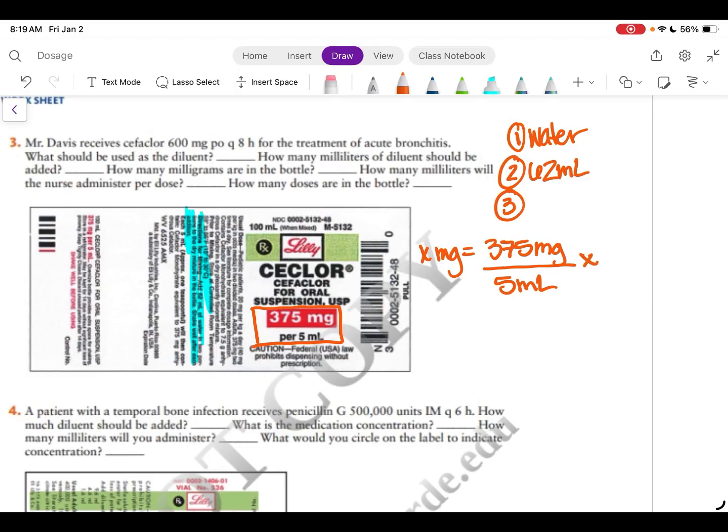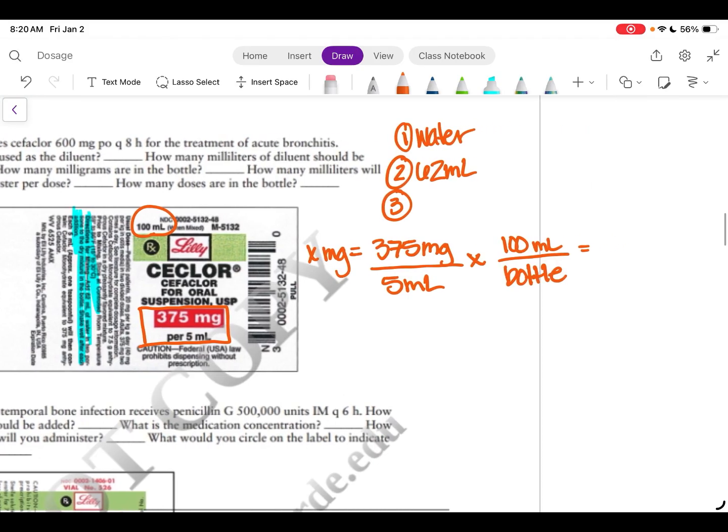And my bottle right up here, 100. Okay. Let's do the math. Okay, so I got 7,500 milligrams. That's in the whole bottle.